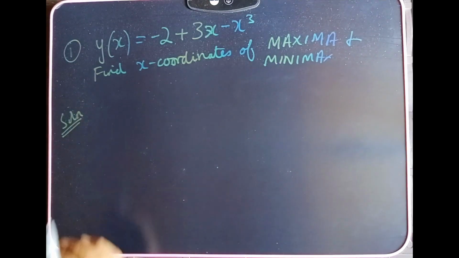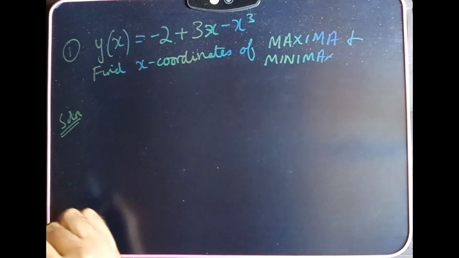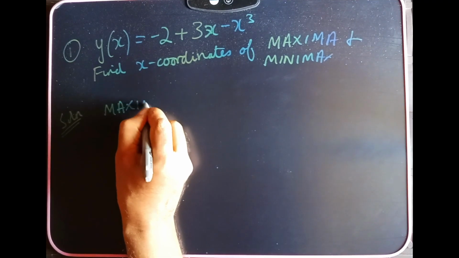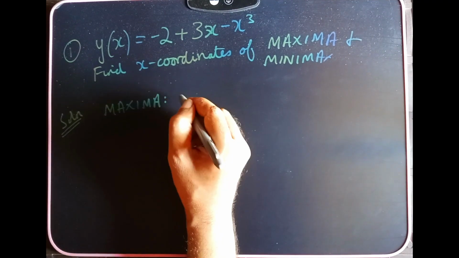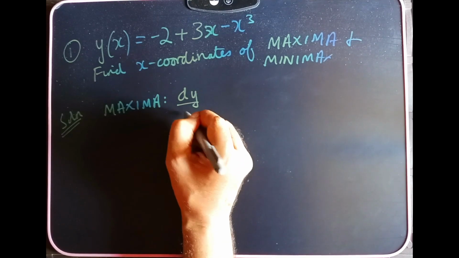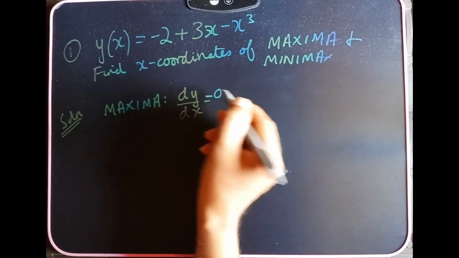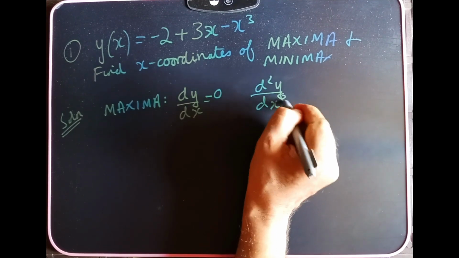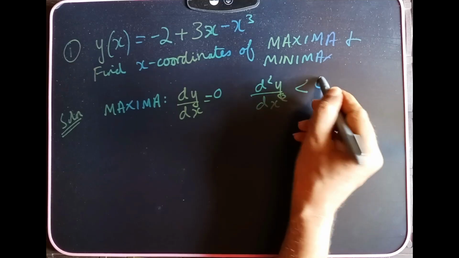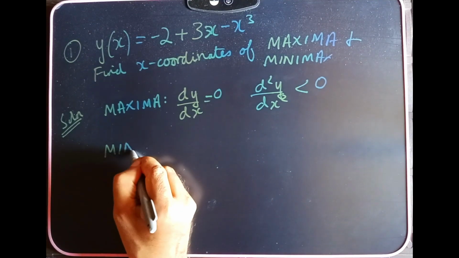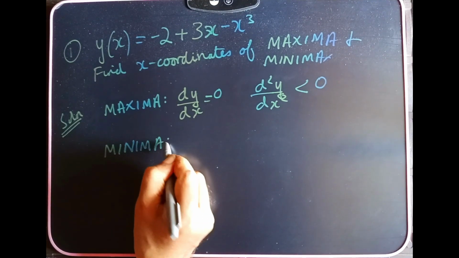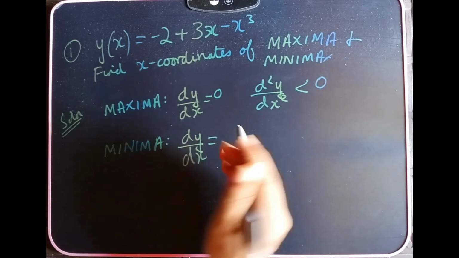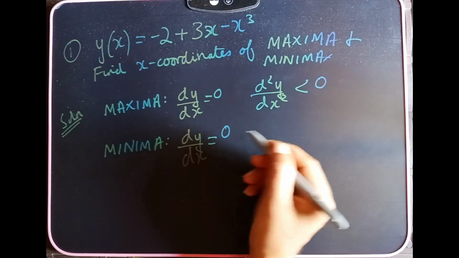So as we have seen in the previous session, we know that for maxima the slope has to be 0 and the double differentiation has to be less than 0. And for minima, the slope is again 0 because the tangent is always parallel to the axis, right?